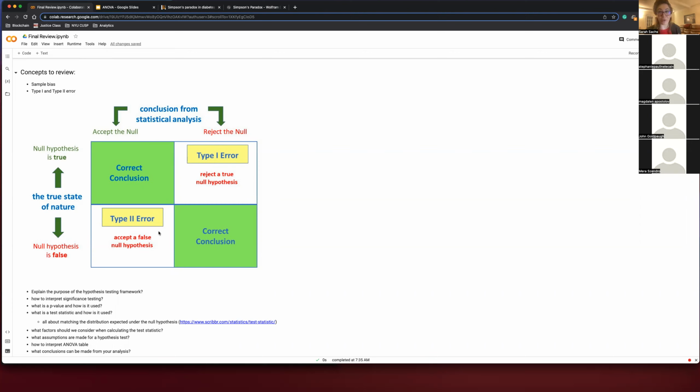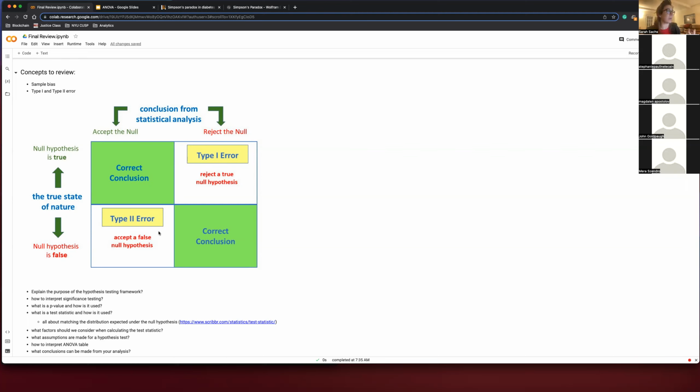Maybe I took a sample that wasn't large enough, or I had some bias in my sample. And through this framework, I said, oh, great, we found evidence to reject the null hypothesis. I found a conclusion, just going back to the silly example of jelly beans cause acne. But really in real life, that's not the case.